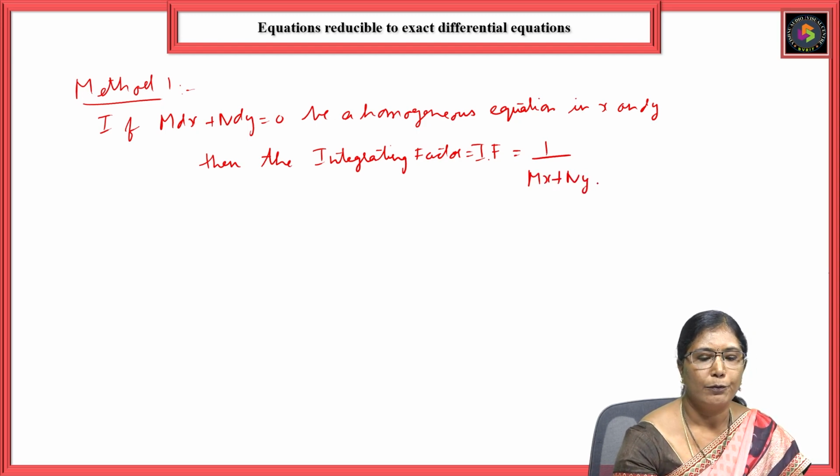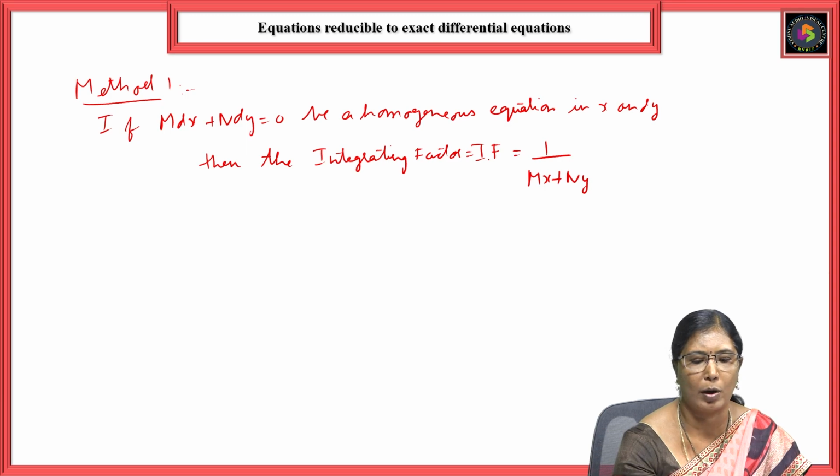So if M dx plus N dy is equal to 0 is a homogeneous equation in x and y, then the integrating factor is equal to 1 by Mx plus Ny.